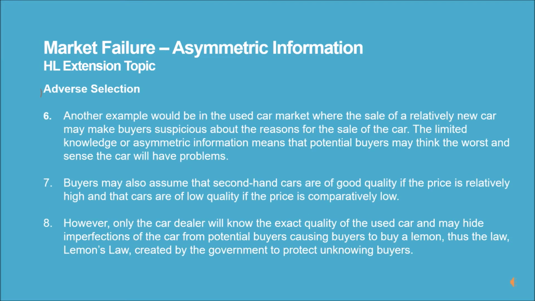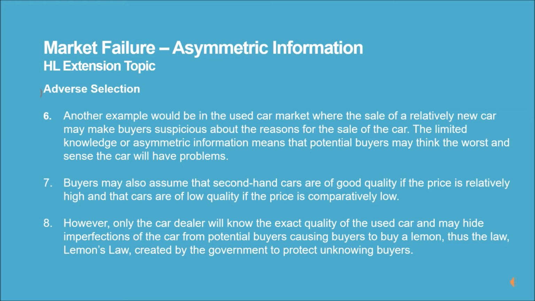6. Another example would be in the used car market, where the sale of a relatively new car may make buyers suspicious about the reasons for the sale of the car. The limited knowledge or asymmetric information means that potential buyers may think the worst and sense the car will have problems. 7.